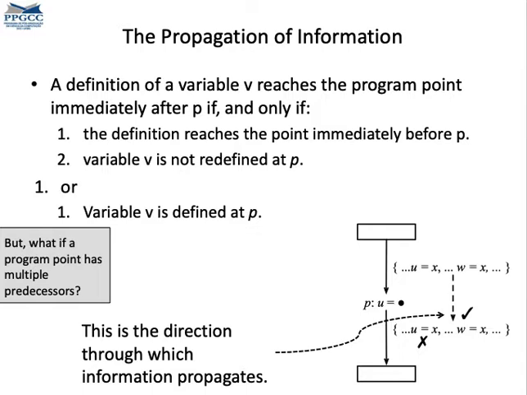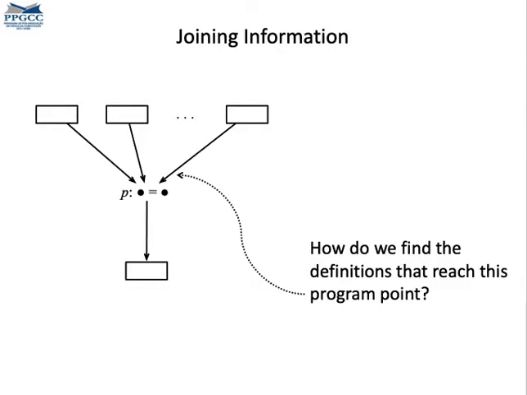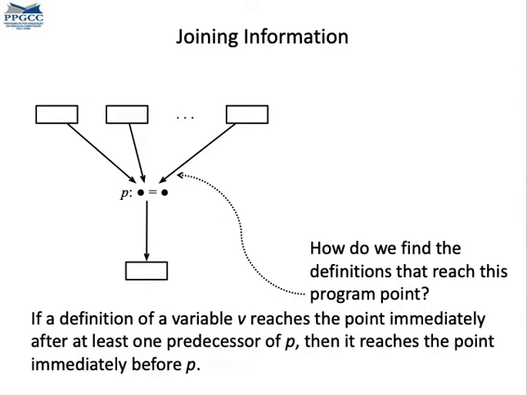What if a program point has multiple predecessors? In other words, how do we compute the set of reaching definitions immediately before this join point in the program? In this case, we use the union of reaching definitions. So it suffices that one definition reaches the point after some predecessor to reach the point before p. In other words, we do a union of reaching definitions to compute the merged information.